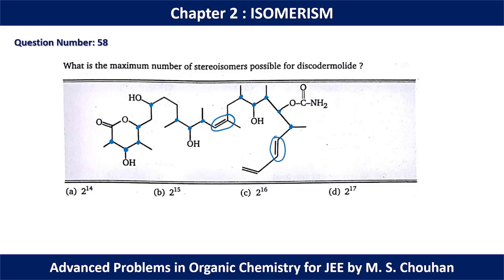So for optical we have a total of 13 centers, so 2 to the power 13, and for geometrical again we have 2 centers. So overall we have 2 to the power 15. This many stereoisomers are possible in total. So for question number 58, option B should be the correct option.